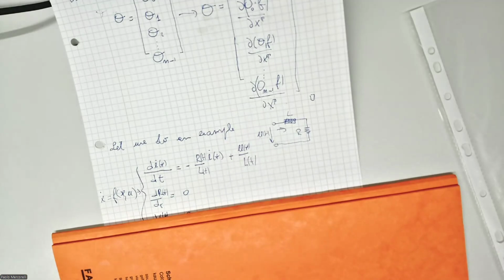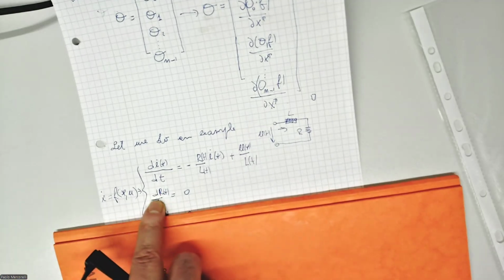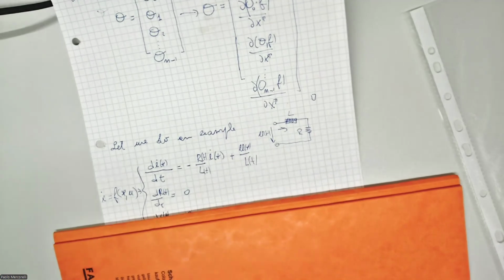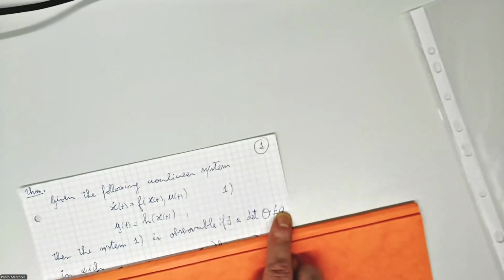And we will see, even if I didn't define any measure of the observability, that the case in which I want to estimate just R is easy to achieve in terms of the conditions which must be satisfied. Again, if this condition is not satisfied, we cannot say anything because the theorem is just a sufficient condition.